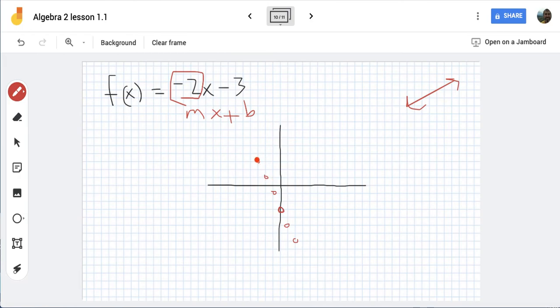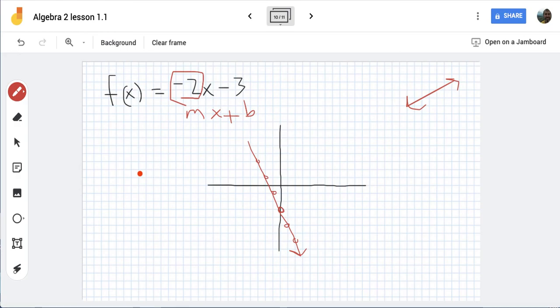Now, what was the question? Where is the function increasing and where is it decreasing? Well, because it's a linear function, it's always either decreasing or increasing. Going left to right, it is always decreasing.